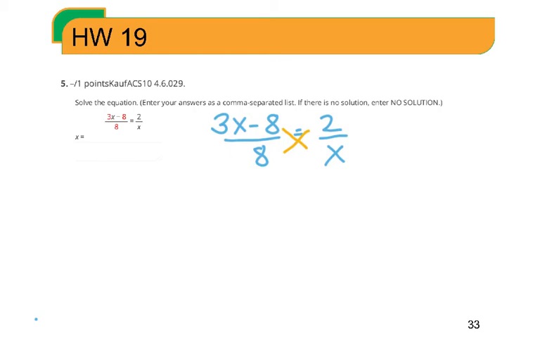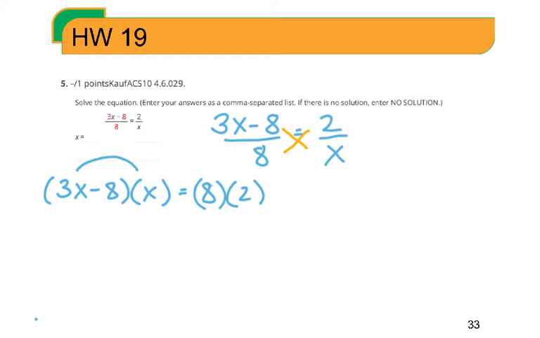I have 3x minus 8 times x equals 8 times 2, right? So now when I get rid of my parentheses, this gives me 3x squared minus 8x equals 16.